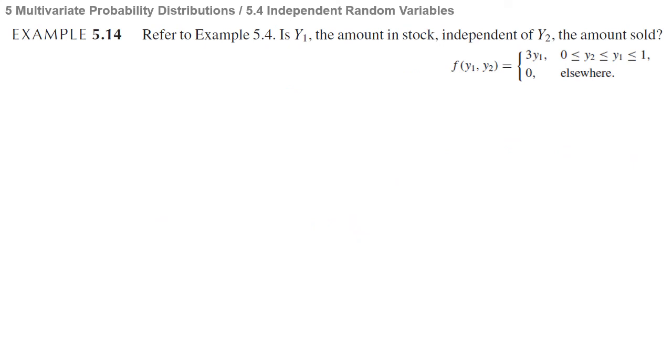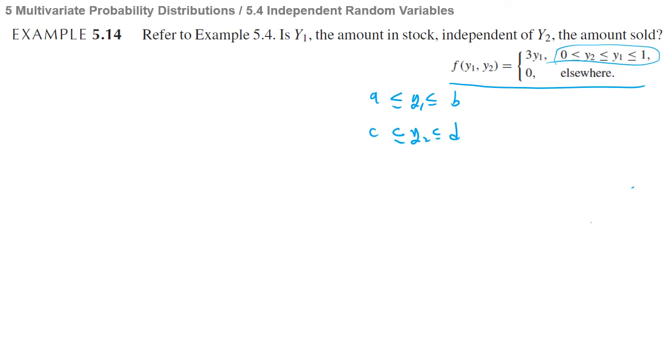Okay, refer to example 5.4. Is y1, the amount in stock, independent of y2, the amount sold? In the previous example 5.4, this is the density function, and this time the interval defined for the density is not of the constant form like this, and so we cannot apply the previous theorem.